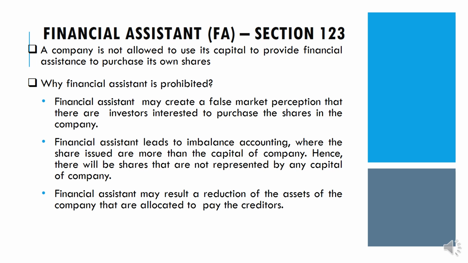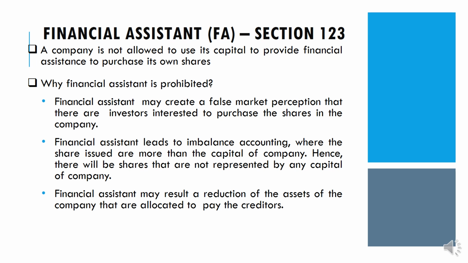So financial assistance may create a false market perception that there are investors interested to purchase the shares in the company. Basically, it is deceiving. It also leads to an imbalance in accounts, where the shares issued are more than the capital of the company. You are all accountants, you advise me. Share issued 200, but the money is only 100,000.